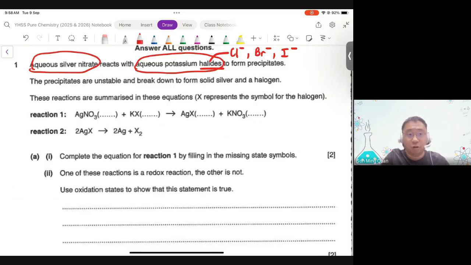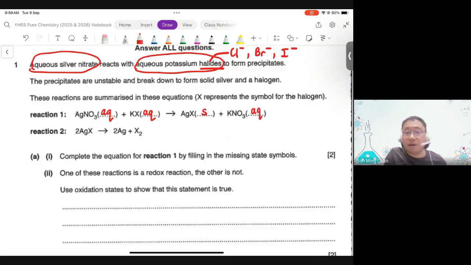So now you should be able to fill in the state symbols. Precipitation is always aqueous plus aqueous becomes solid. So aqueous starting materials, solid precipitate, which is insoluble in water. The other product is an aqueous salt. So that's how you fill in the state symbols for question number 1.